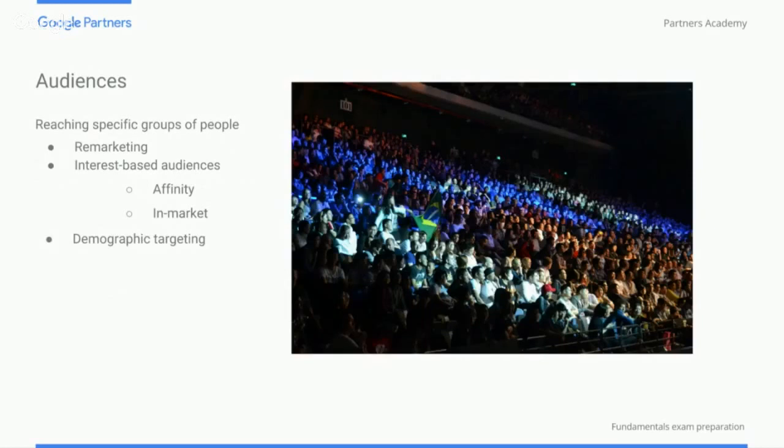In addition to remarketing, we do have other alternatives of people who haven't visited your site yet, or maybe they have, but they fall into another population that we were able to distinguish. These are affinity audiences, so people who tend to like certain things, or in-market audiences, people who are sort of in the lower funnel, who are looking for specific things on Google, on our display network.